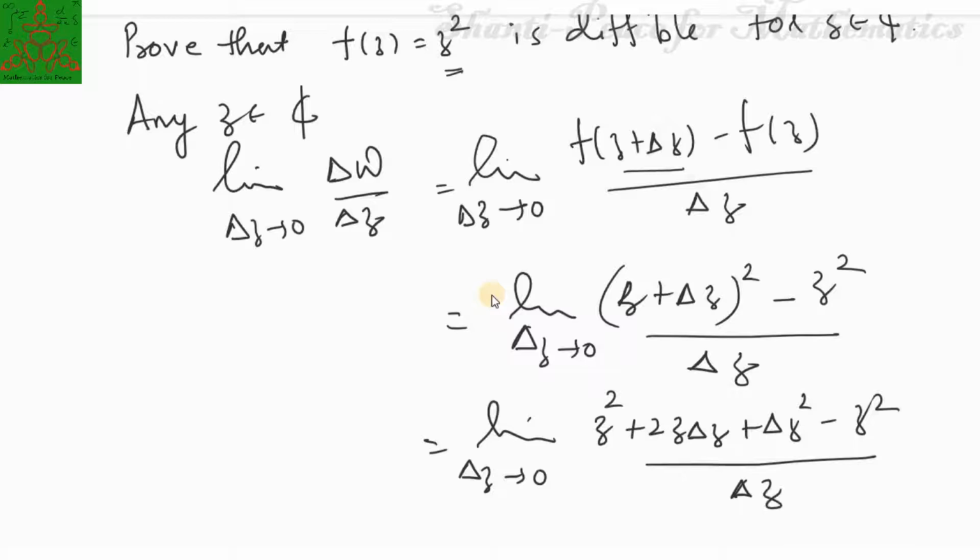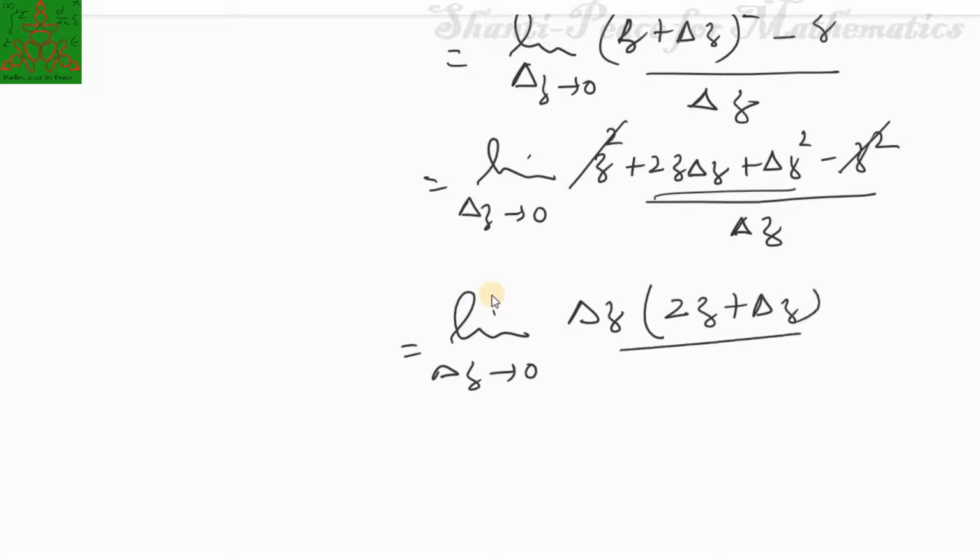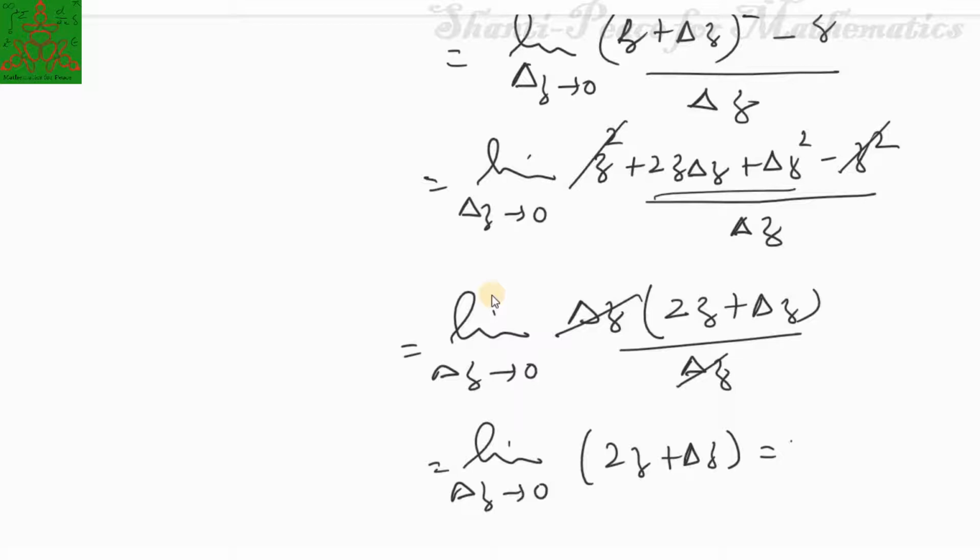You just notice that the z square will get cancelled out, and you will have limit delta z tends to 0, and delta z is common from the two quantities, so it will be 2z plus delta z upon delta z in the numerator, and delta z is cancelled from the numerator and the denominator. So you will have limit delta z tends to 0 of 2z plus delta z, and that gives you 2z. So that means this is f dash of z.